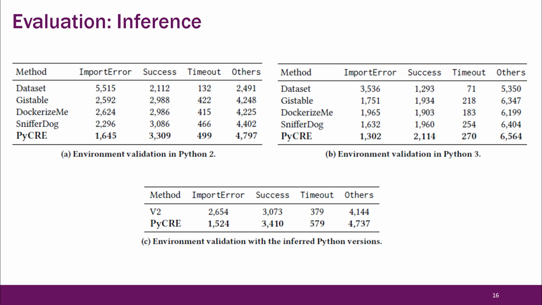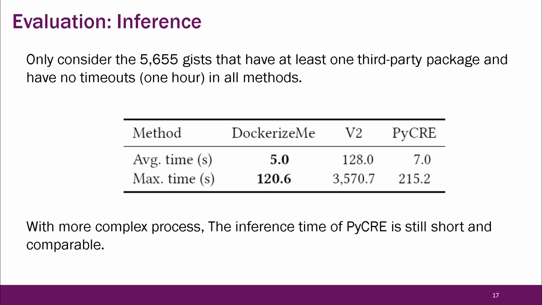Another valuable metric is the number of working environments, which indicates the ability of an inference method to restore the runtime environments of Python code. PyCRE also infers a successfully runnable environment for the most Python code snippets. Inference time is a crucial metric for the efficiency of inference methods and represents the user's waiting time, which is one of the most important performance metrics for software.